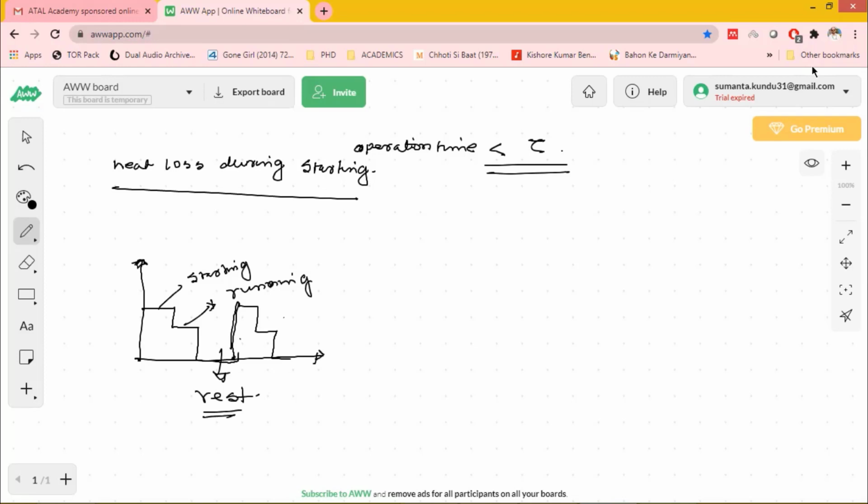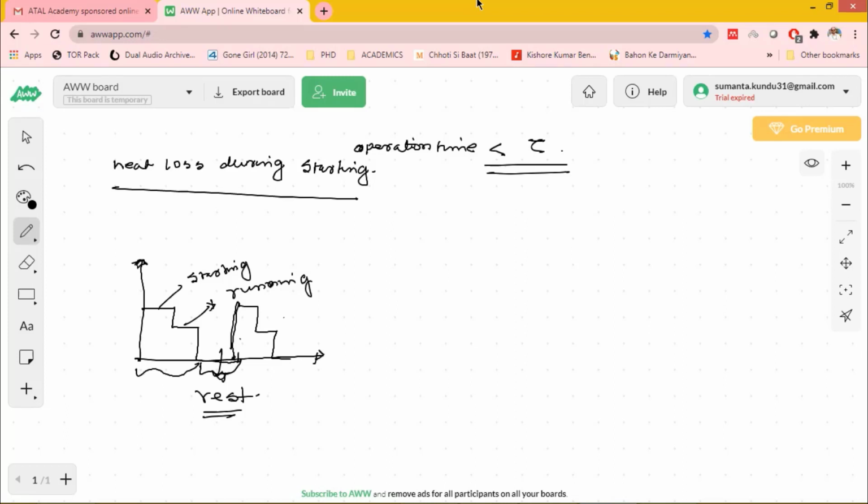What we can say here is that in this intermittent periodic duty with starting, this is my operational period and this is my rest period.